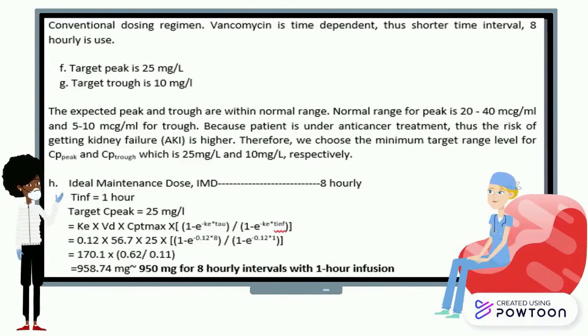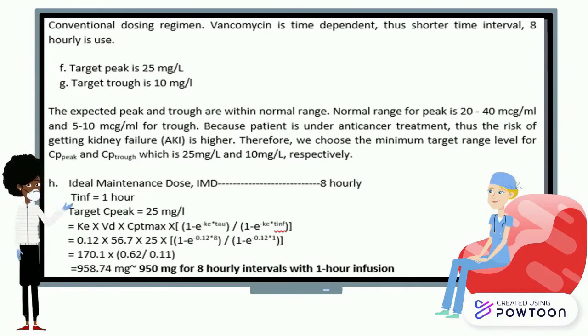The normal range for peak is 20 to 40 microgram per milliliter and 5 to 10 microgram per milliliter for trough. Because the patient is under anti-cancer treatment, there is a high risk of getting kidney failure. Therefore, we choose the minimum target range level for Cp peak and Cp trough, which is 25 mg per liter and 10 mg per liter respectively.